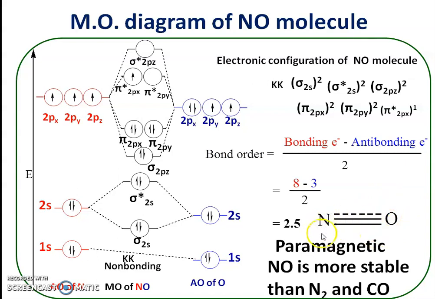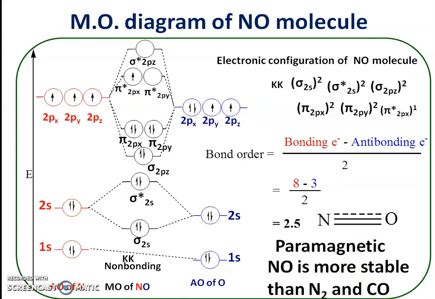Because of the small electronegativity difference, the unpaired electron of the anti-bonding molecular orbital is evenly distributed between the two atoms, nitrogen and oxygen, and this is the reason for the greater stability of nitric oxide as compared to nitrogen and carbon monoxide.